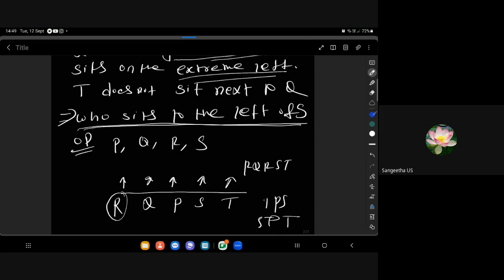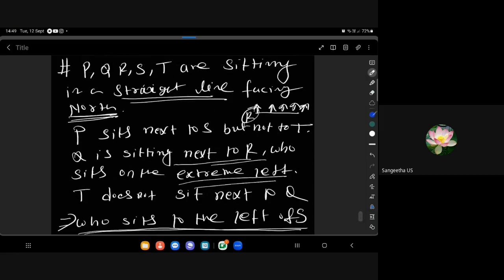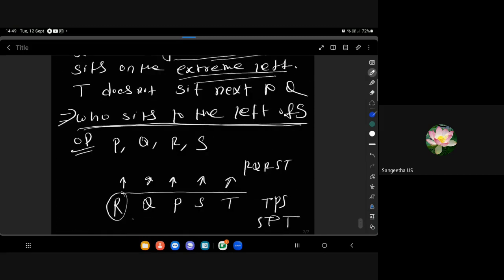Or if you write PS, then you can place T here, because they have told that T is not sitting next to P. And Q is sitting next to R. So if you place P S T, now Q is sitting next to R, and T is away from P. According to the question, Q is sitting next to R. So the question was, who sits to the left of S? P. Okay. So these are the questions.